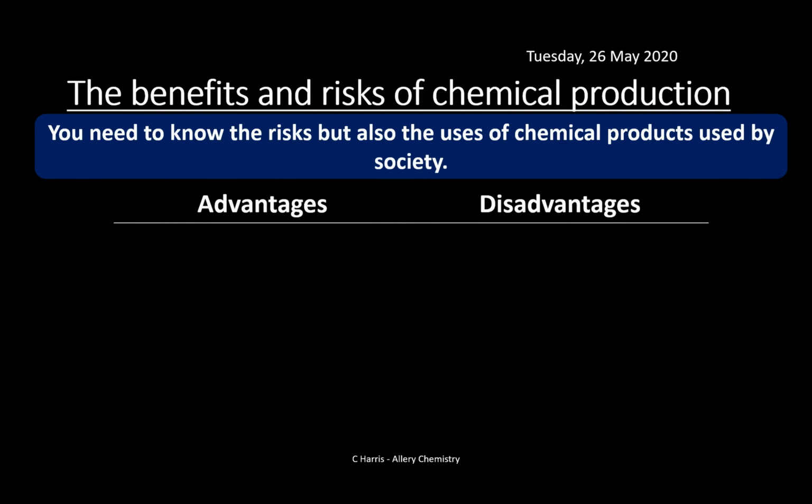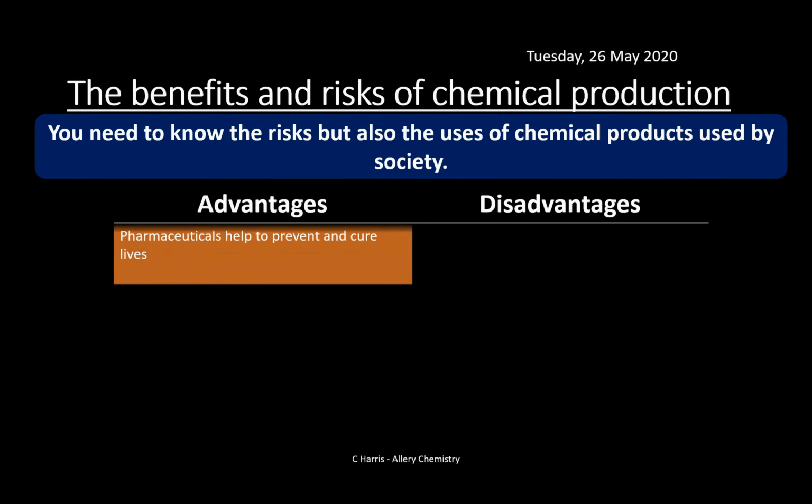So we're going to look at the advantages and disadvantages of these industries. We'll look at the advantage first. Pharmaceuticals help prevent and cure illnesses. This is a vital use for the pharmaceuticals industry, and we have numerous pharmaceutical companies.